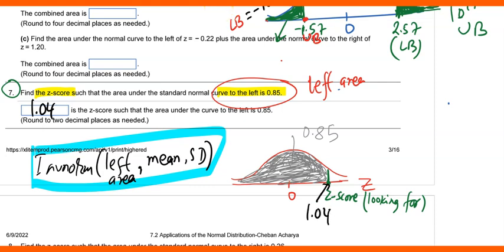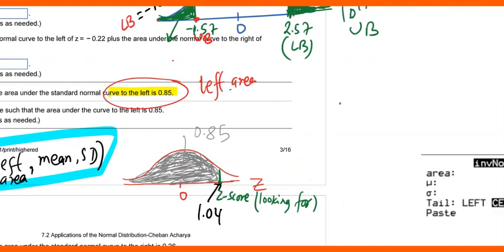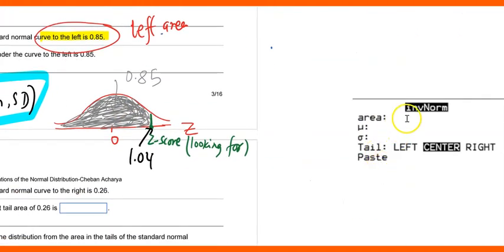On the left of this 1.04 there is 85% area, or 0.85 is the area on the left of 1.04. Okay, and I want to point out some calculators have this option. When you click invNorm, in this portion you put the area as 0.85, mu as 0, sigma as 1, and choose the tail as left. But some of them don't have a tail option.